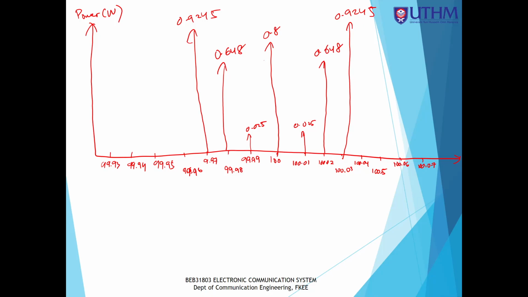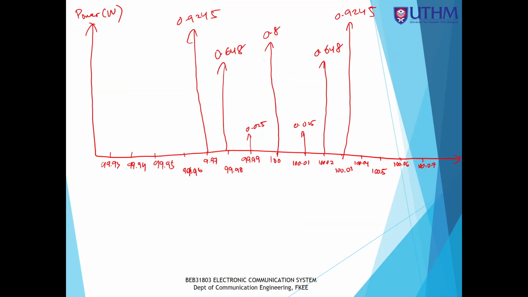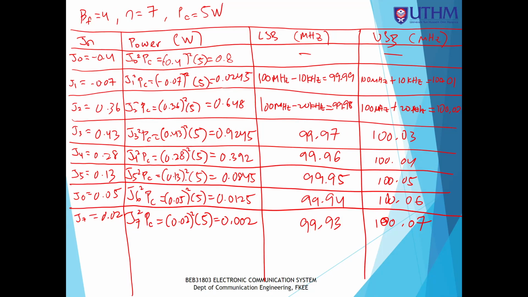We just do the estimation. When you draw, you don't need to use a ruler. Okay, don't use a ruler. Okay, 0.392 is somewhere here. Then 0.0845.